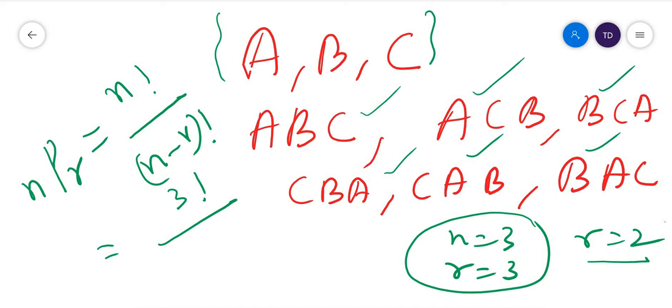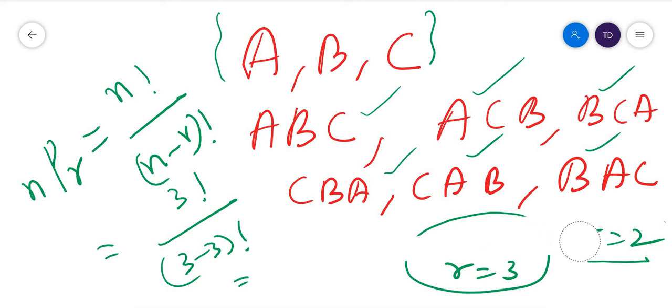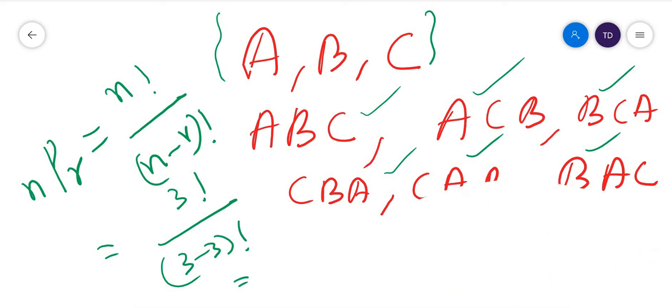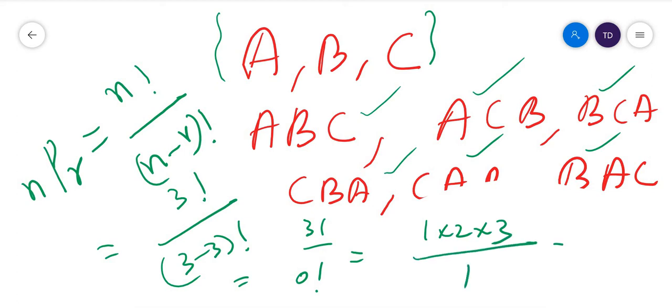Then n factorial divided by n minus r, that is 3 minus 3 factorial, which is 3 factorial divided by 0 factorial. 0 factorial is 1, and 3 factorial means 1 into 2 into 3, that is 6. So that is why we got the answer 6. This is the concept of permutation.